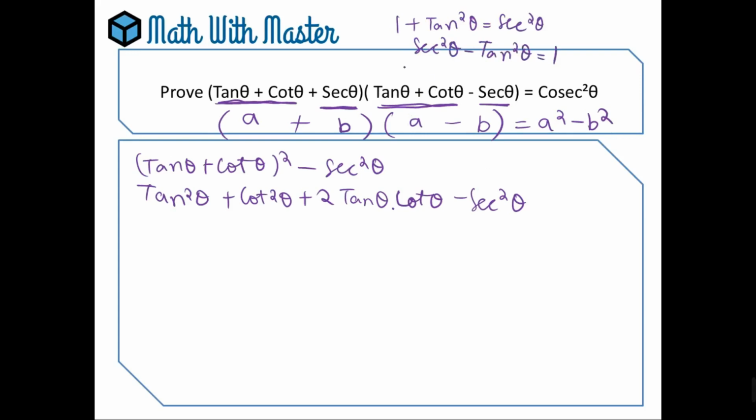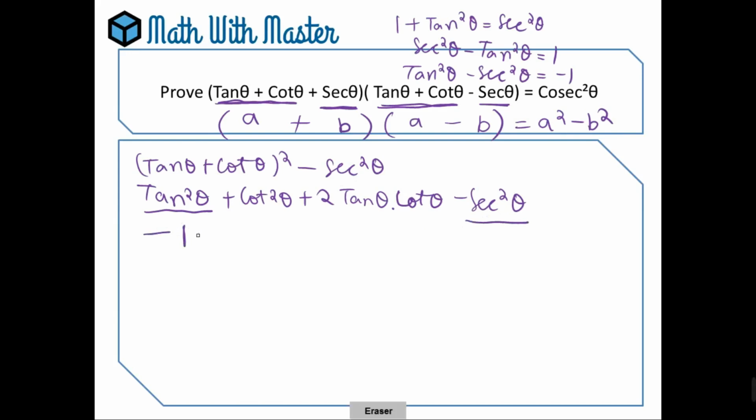And then tan square theta minus sec square theta will be minus 1. So we get the equation tan square A minus sec square A is equal to minus 1. So this will be minus 1.